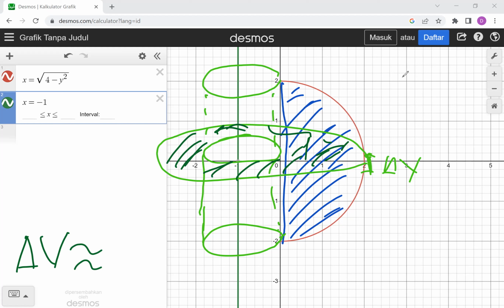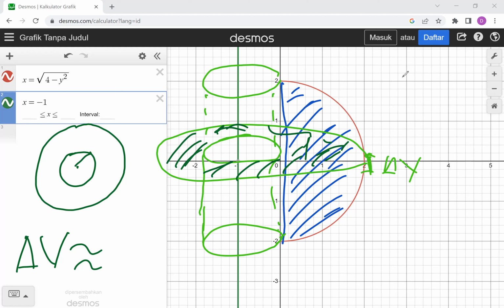If you see the cross section, what is the radius of the smaller circle?